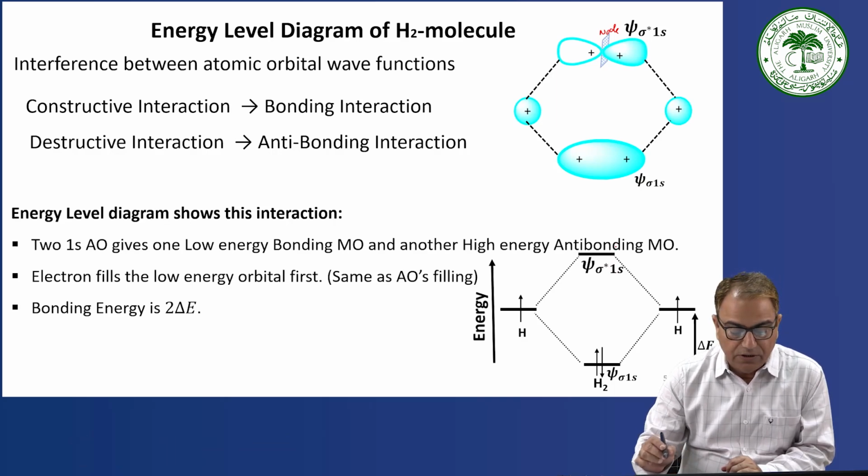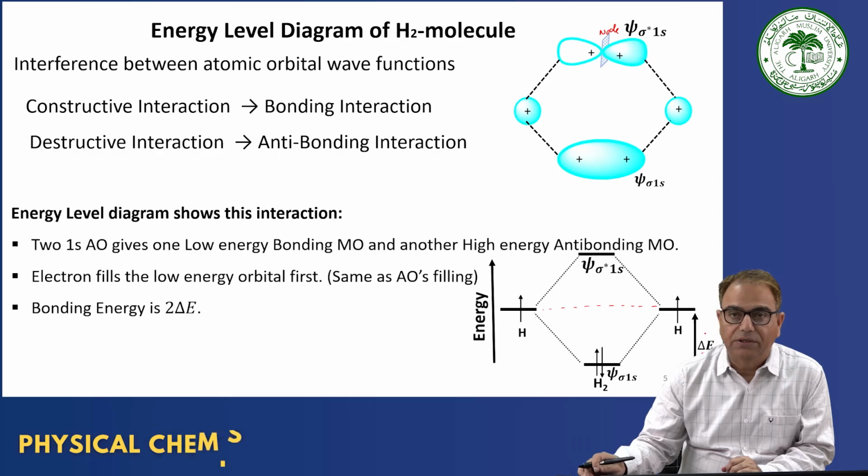If the energy gap between the atomic orbital and the bonding molecular orbital is delta E, then the energy gap between the bonding and anti-bonding molecular orbitals is 2 delta E. That's also something you have already done in your earlier courses.